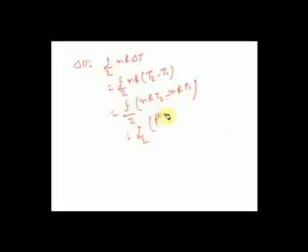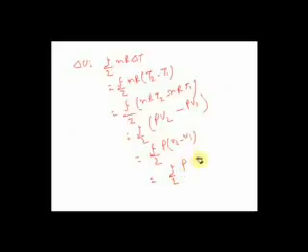Now nRT2 will be equal to PV2 by the gas law, and nRT1 will be equal to PV1, since the pressure is the same in both the initial state and the final state. So we can write it as f by 2 into P into (V2 minus V1), or we can replace V2 minus V1 with delta V. So we end up with this relation, that is delta U is nothing but f by 2 into P into delta V.